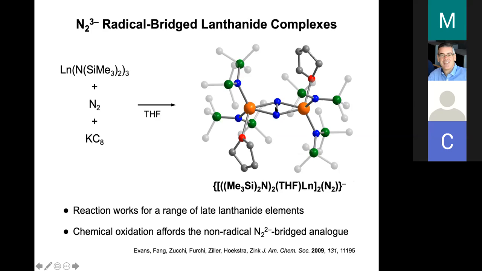It turns out this N2 unit that's bridging between the two lanthanide centers is reduced to an N2 3- formal charge. So you've added 3 electrons to this triple bonded dinitrogen. You can also oxidize by 1 electron and isolate the N2 bridged species.